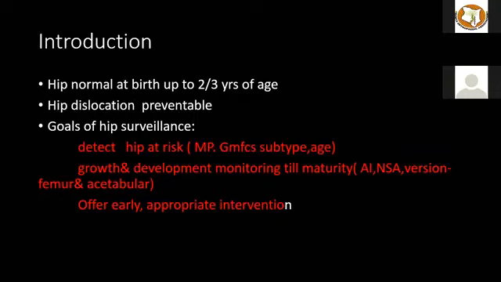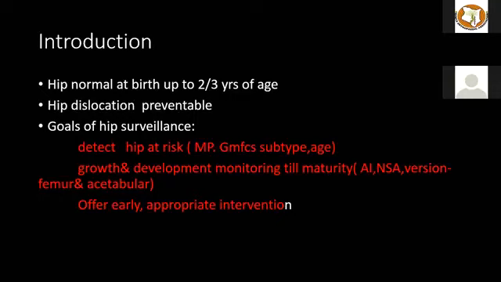Thorough hip surveillance is critical, and we pick up hip dislocation at a very early stage. This is based on the GMFCS subtype. Type 5 tend to have more hip dislocation problems than type 1, and the rate at which migration occurs is also based on the same.